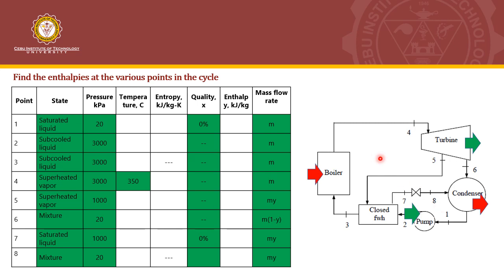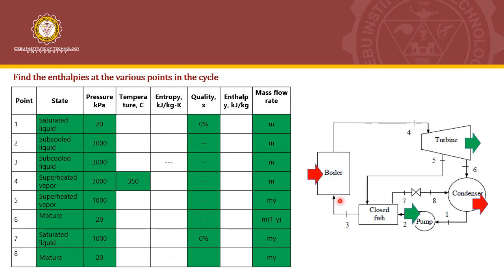Beginning at point 1, if we examine, you extract beginning from point 4 rather. At point 4, the mass flow rate is the same as the mass flow rate of the steam flowing through the boiler, because there's no loop in this part of the schematic diagram.